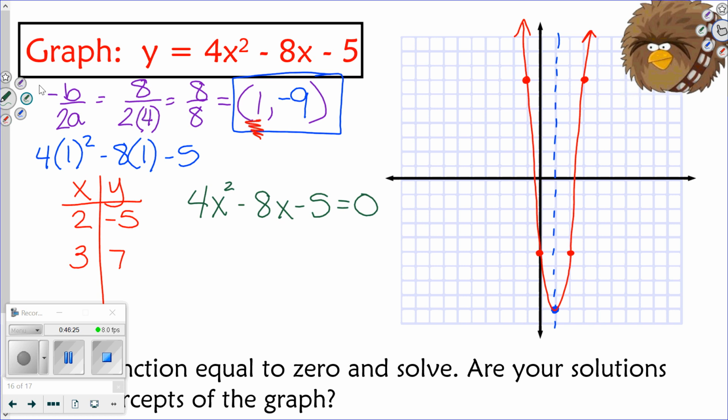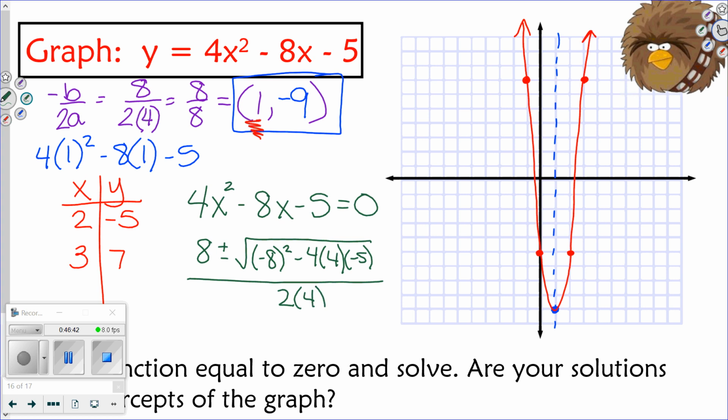So to be safe, should I just use the quadratic formula? Okay. So negative b, which is 8, plus or minus square root of b squared, so negative 8 squared, minus 4 times 4 times negative 5, all over 2 times a. A couple of you on your test did some real funky things with the quadratic formula.